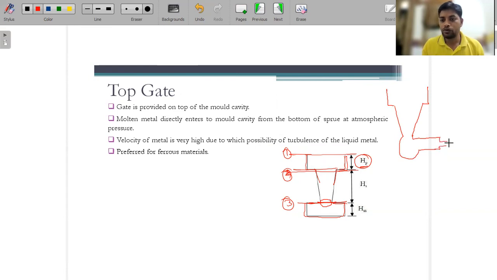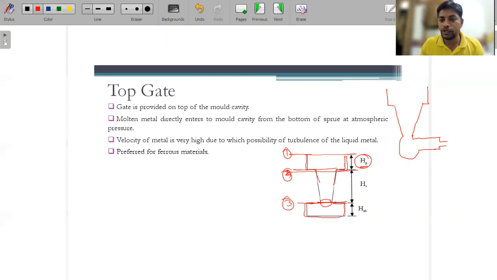With a top gate, we are filling the bottom part, whatever the molten material or casting we are going for is just below the gate, not above the gate. Please keep that in mind.